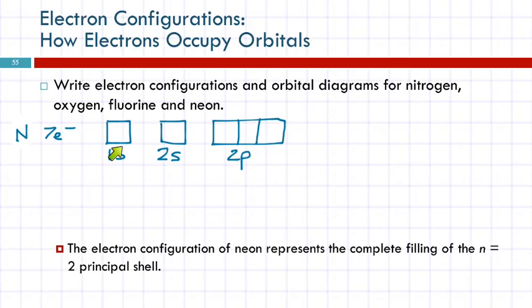So the 1s, 2s, and 2p, at this point we're not worrying too much about order because it's making sense still. It hasn't gotten jumbled up. And next would be 3s.